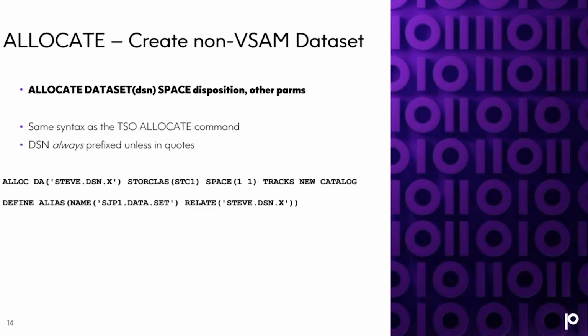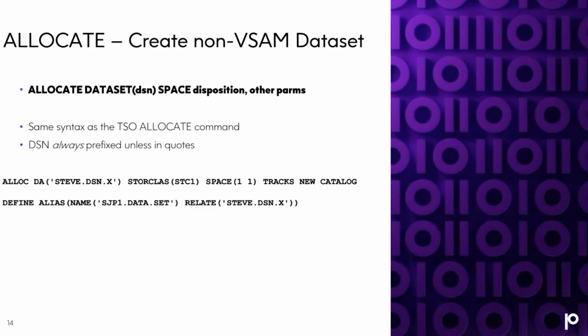So we can say allocate a particular data set, and if I'm using the allocate command and I don't want my TSO prefix prepended to the data set, I have to say no prefix, or I can just put the data set name in quotes.